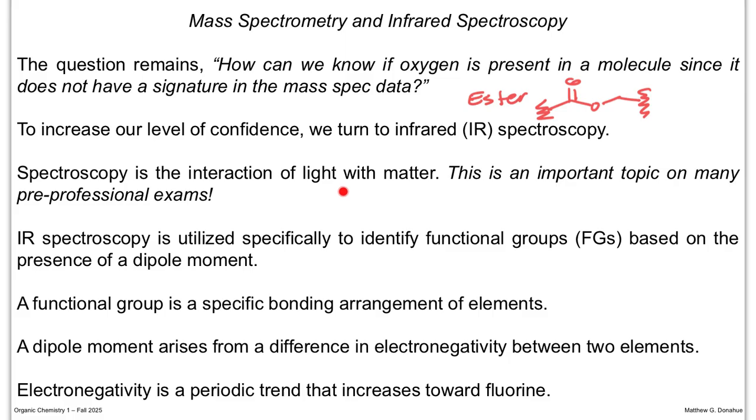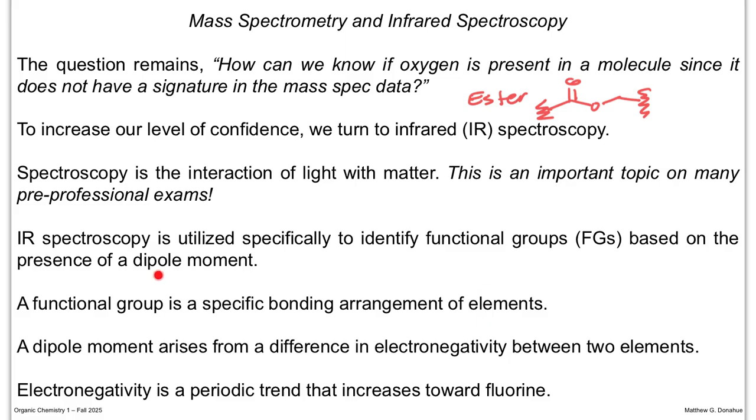So we'll look at the electromagnetic spectrum, the wavelengths of light, the energy of those wavelengths and what they're doing specifically to the elements or atoms in a molecule. So IR spectroscopy is specifically used to identify functional groups. So again, remember those names, the bonding patterns, the elements required.